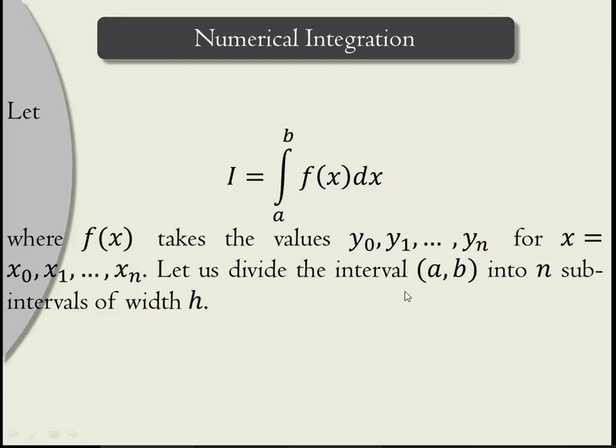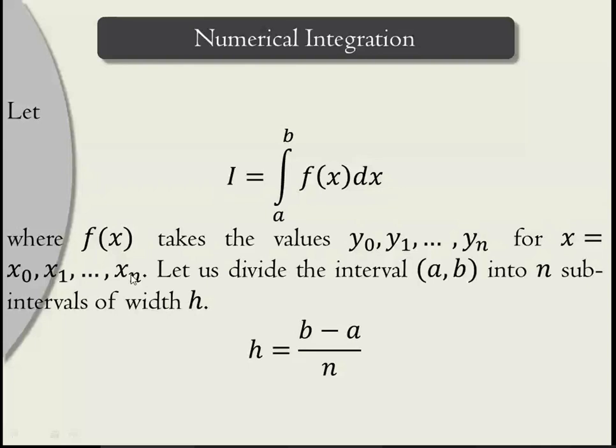So what is the relation between a, b, n and h? Upper limit minus lower limit divided by the total number of subintervals gives us h. So x1 will be x0 plus h, x2 will be x1 plus h, so xn will be xn minus 1 plus h, or x0 plus nh.